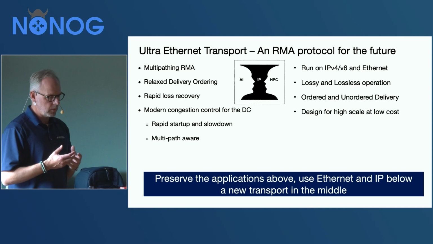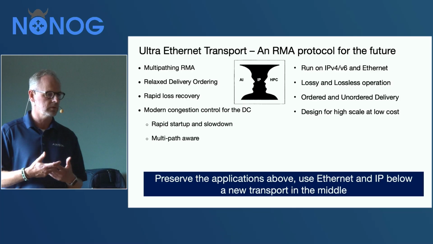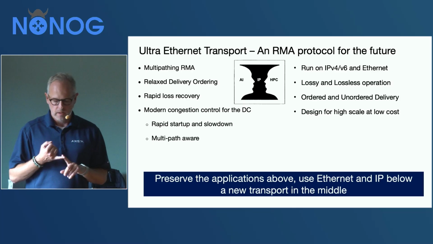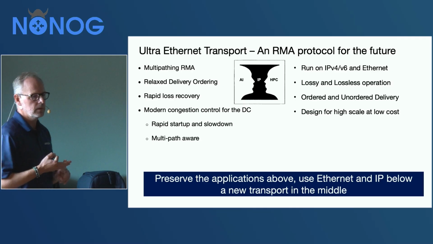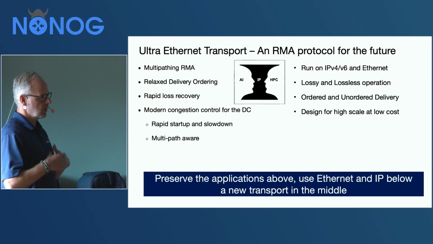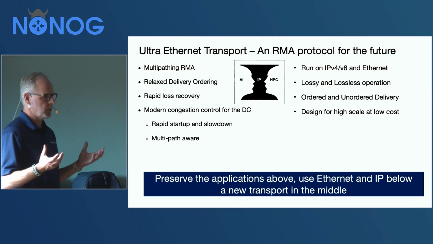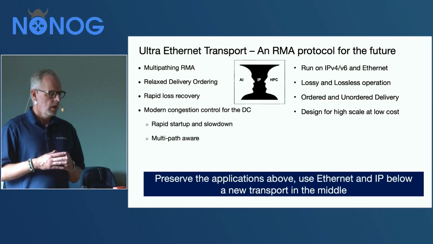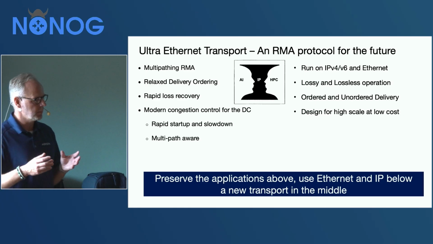The Ultra Ethernet Consortium is not about hardware, it's about software. It includes the full stack, from the NICs to the links to the transport layer and so on. In the first draft, there is a new transport protocol called Ultra Ethernet Transport that will be replacing RoCEv2 and InfiniBand.